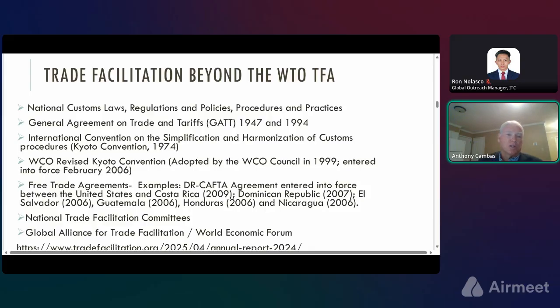And trade facilitation was never a single undertaking. It has been done through national customs laws, regulations, and policies. GATT 1947 and 1994, I'm going to argue the predecessor, had a lot of elements in it that were talking about trade facilitation.